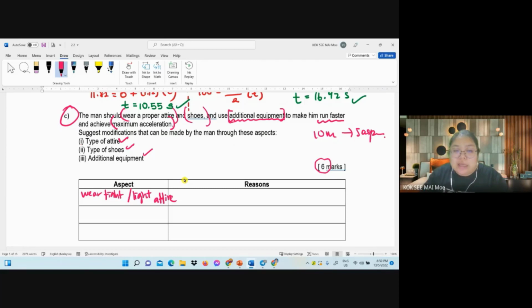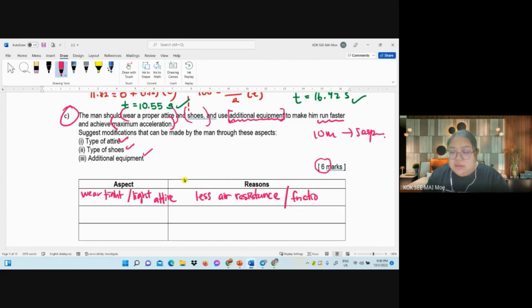So when you write the table form, you don't just type. You must write in full sentence. 不要只是写很紧很松，我们要讲整个 sentence. So you must say wear tight or light attire. So if you wear tight and light, you can lessen the resistance. Or you write friction.